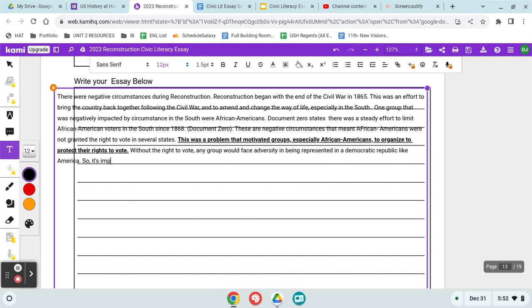So it's important to understand that this right to vote didn't only mean a small, I don't want to use the term negative again, a small disadvantage for, don't care about the spelling, I'll fix that later, for African Americans.